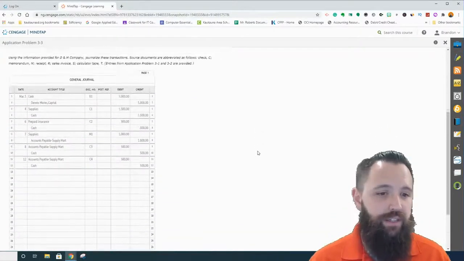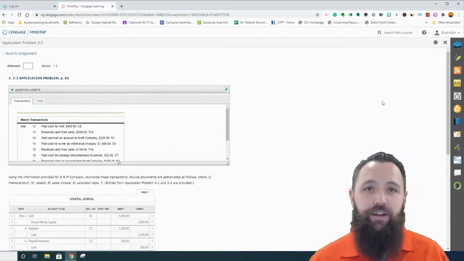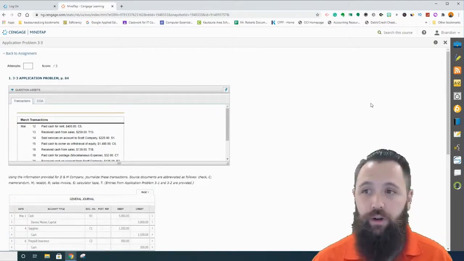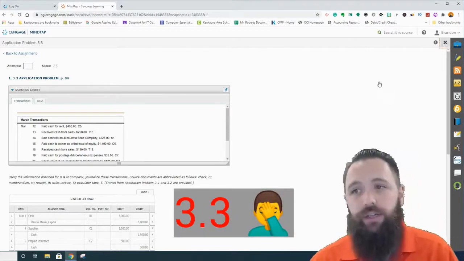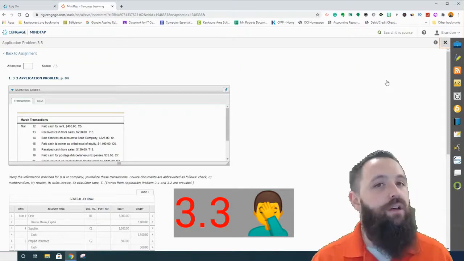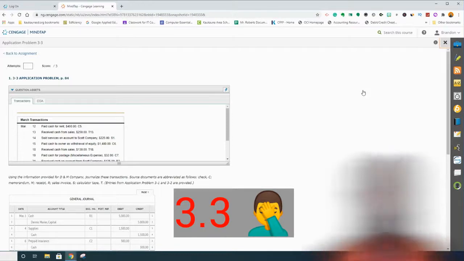So that's all that's different, there's more transactions to write in. So now that you know how to do 3-2, we're going to continue on to 3-4 because it's all journalizing. We're just looking at different transactions, and you guys have already seen these transactions. So let's make our way to 3-4 work together.